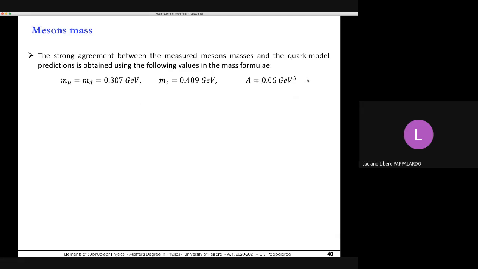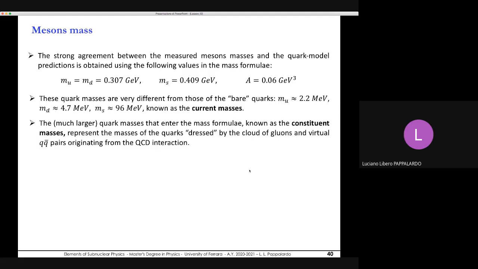So what is the meaning of these large masses? These quark masses are indeed very different from the bare quark masses that we know, which are of the order of a few MeV. So 2 MeV or 4 MeV for the up and down, and something like 96 for the strange quark. So there is a huge difference.